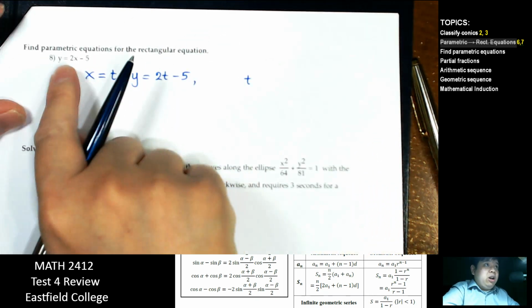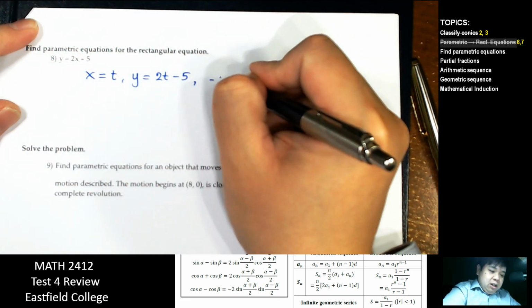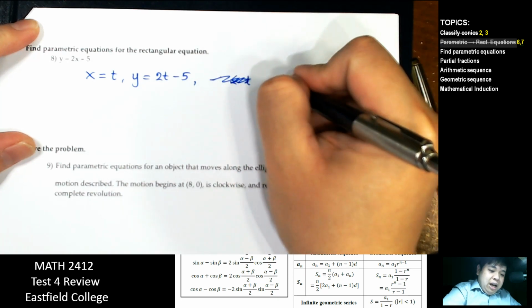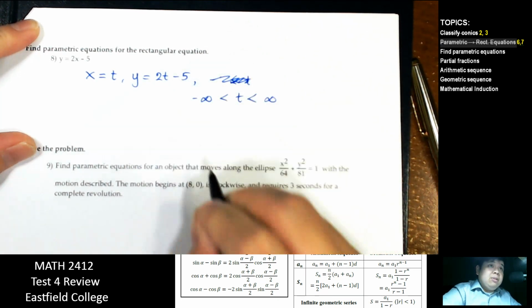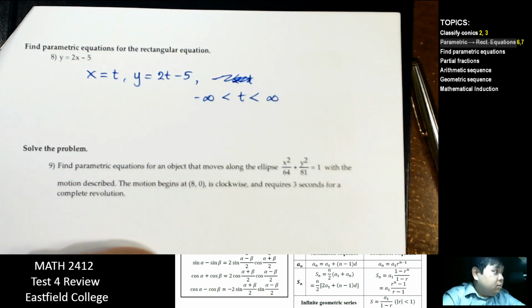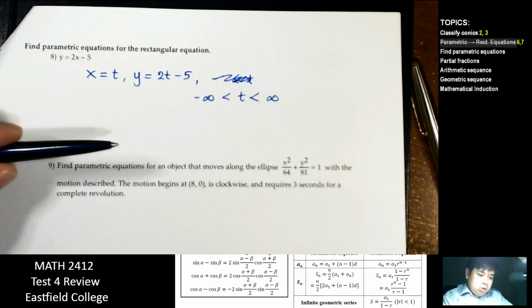Since we do not have anything here, we just say t is any number, because there's no restriction for x and y.